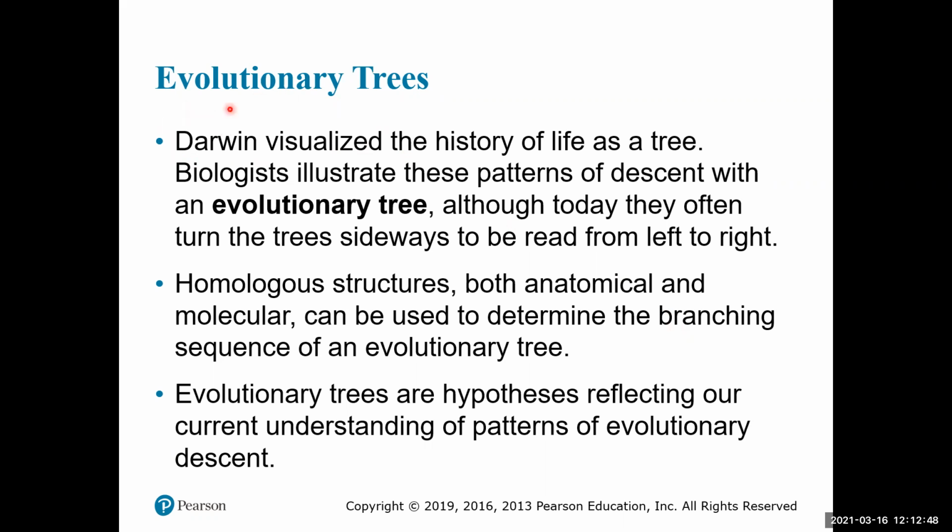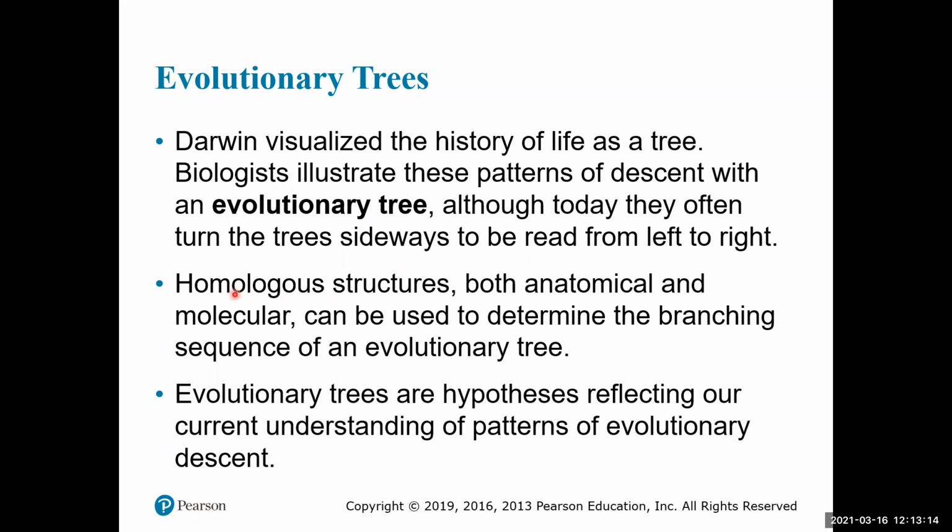And Darwin did this whenever he was going through the mental exercises and thought processes of how descent with modification would happen. And so he visualized life as a tree. And we illustrate this as, again, these evolutionary trees, these phylogenetic trees today.